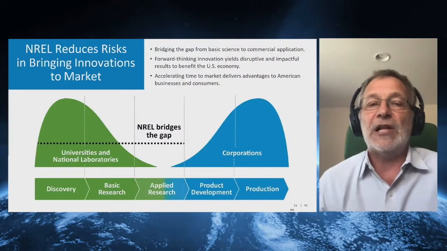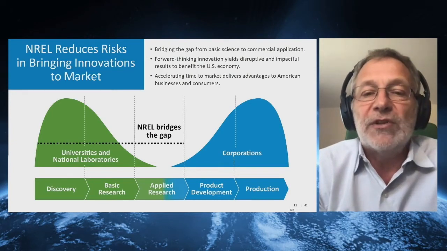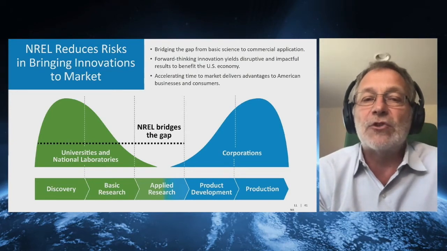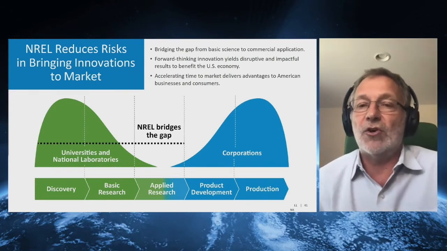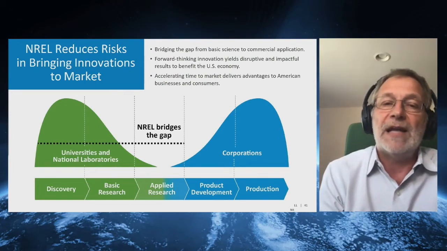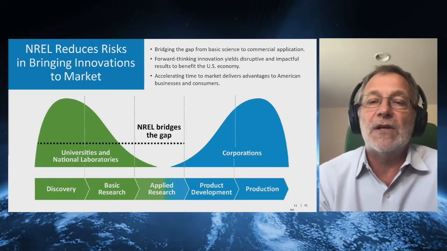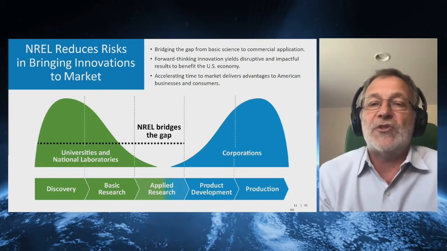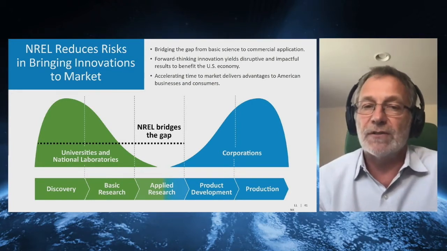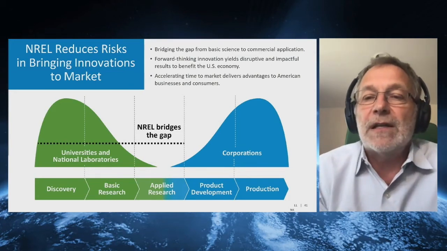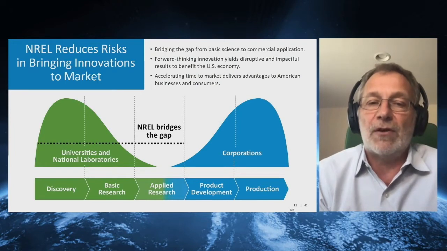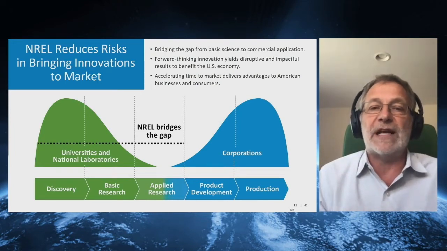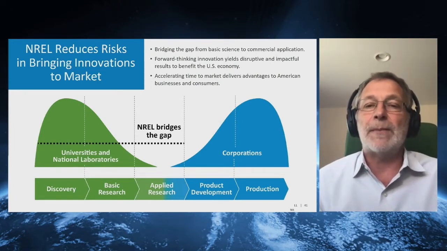You all have seen the valley of death, where you develop new technologies, and a lot of times the new technology fizzles out because it's very hard to scale it in the right time frame, link up with corporations and then deploy these technologies. So we feel that bridging this valley of death is a key element of NREL, because one of our mottos at NREL is, we want to create a better planet.